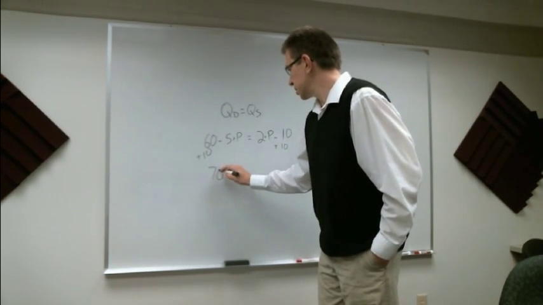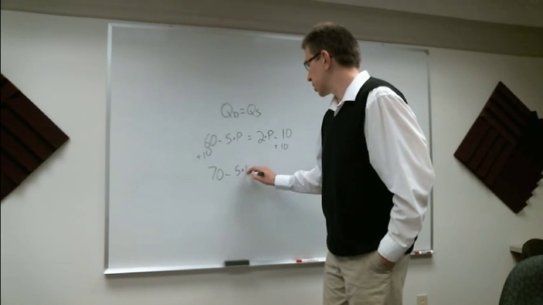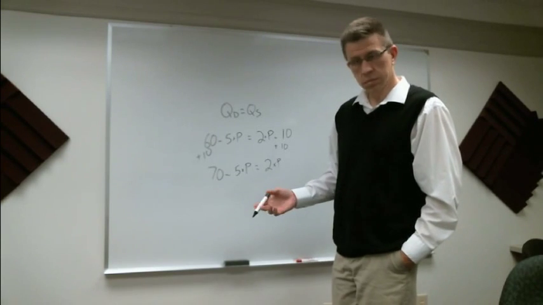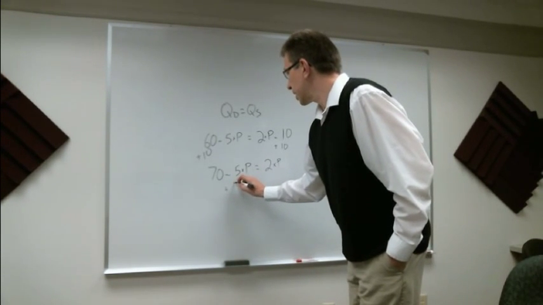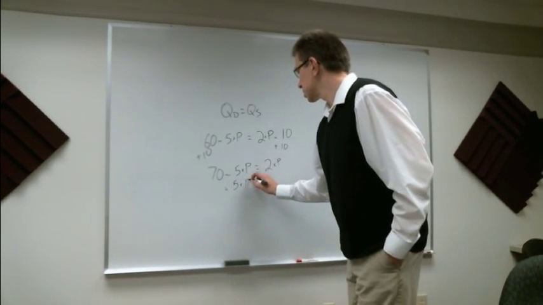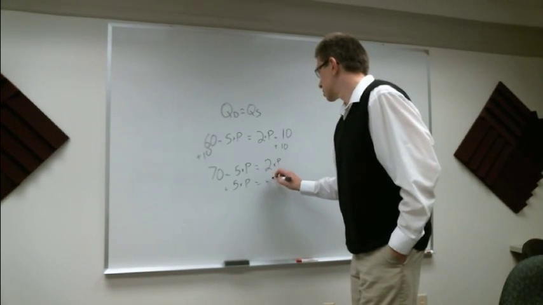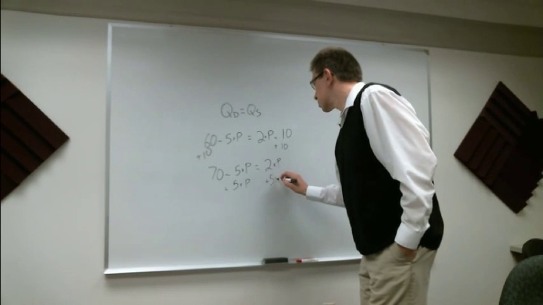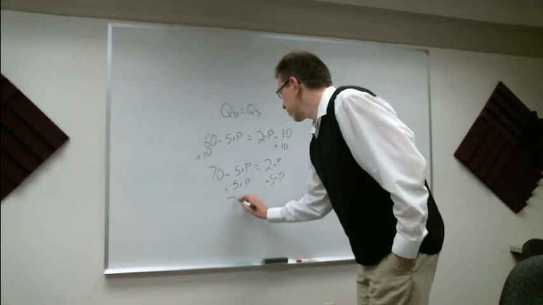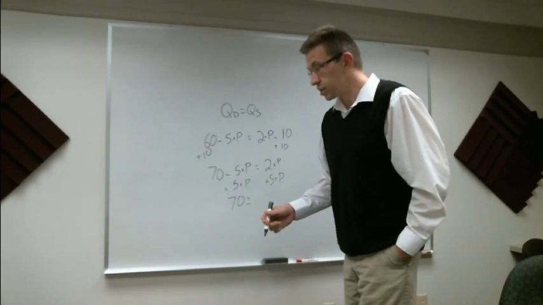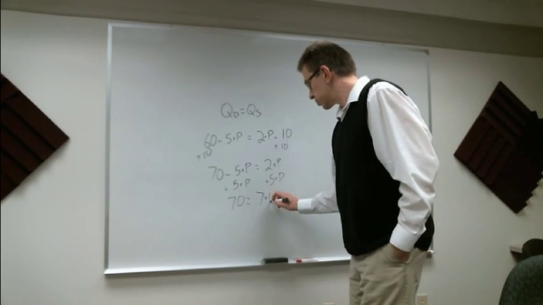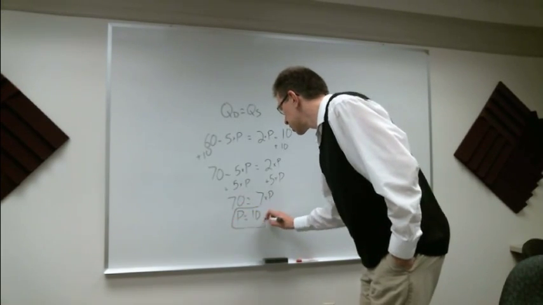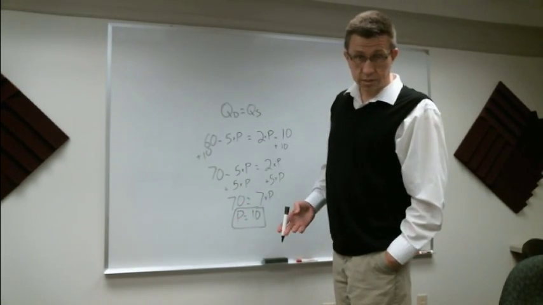That means 70 minus 5 times the price equals 2 times the price. Now let's add 5 times the price to both sides. 70 therefore equals 7 times the price, or our price equals 10. So that's our equilibrium price.